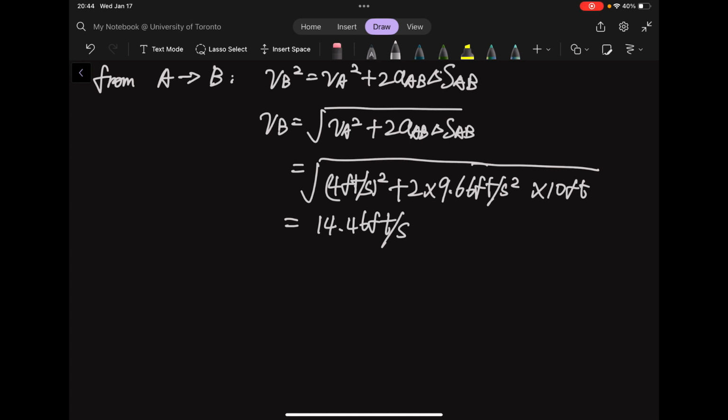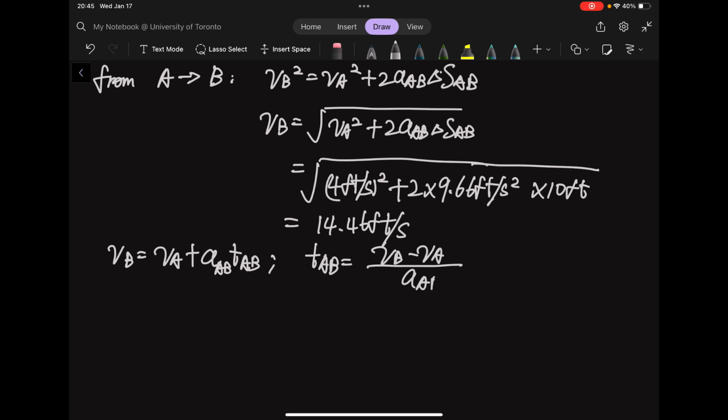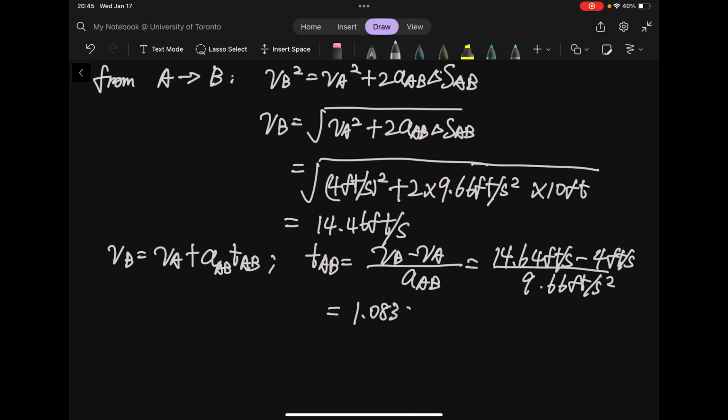We have another equation, VB is equal to VA plus At. TAB is equal to VB minus VA divided by A, which is 14.46 feet per second minus 4 feet per second, divided by 9.66 feet per second squared, which is 1.083 seconds.